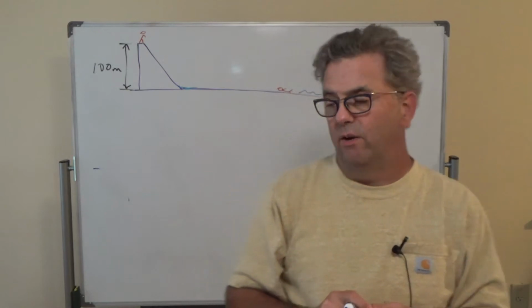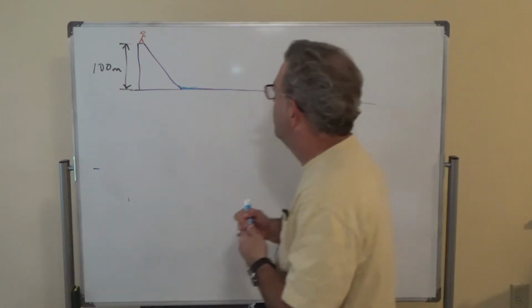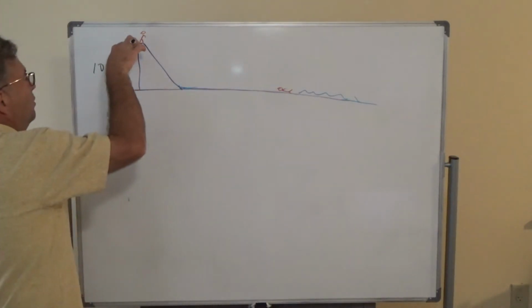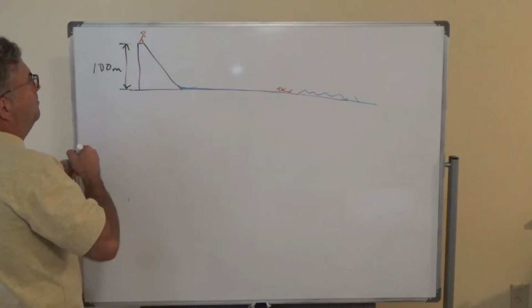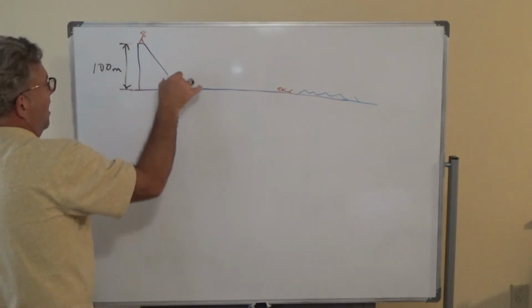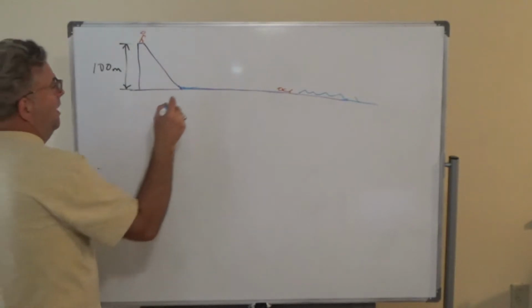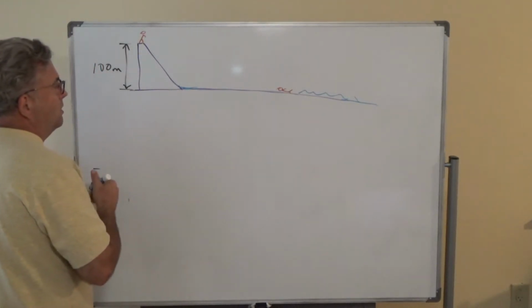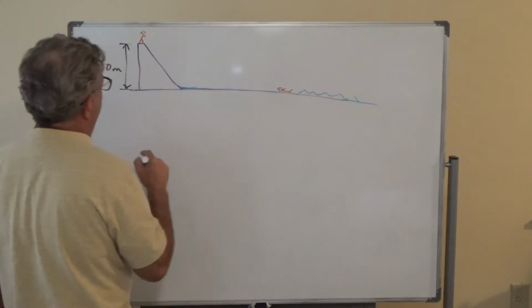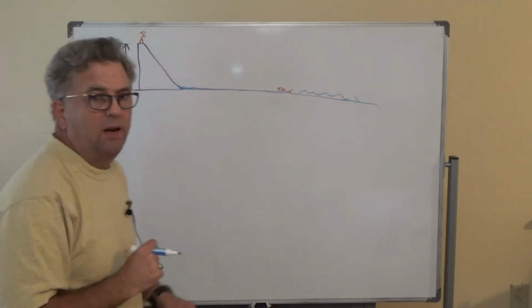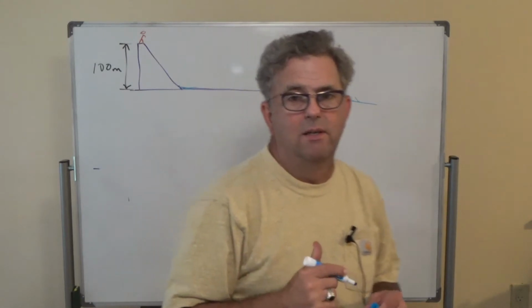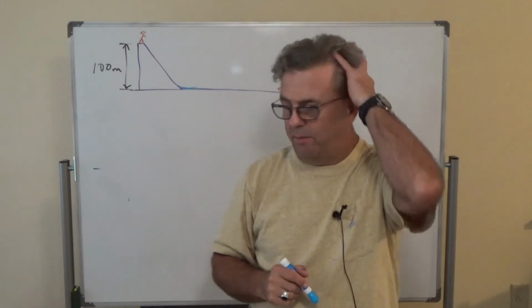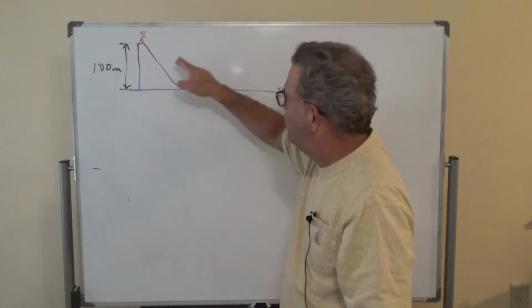What's happening here? If you were to fall from this height in a conservative system where there are no losses, when you reach this point, it's pretty easy to calculate your final velocity. Remember, it's independent of the path, so it doesn't matter if you wiggled down.